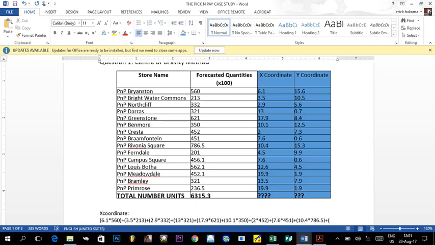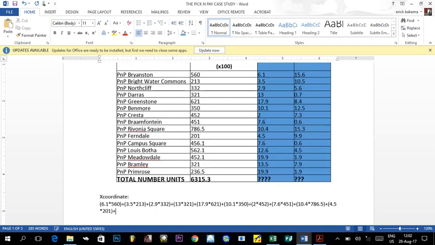The next one is 4.5, sorry, multiplied by 201, plus 7.6 multiplied by 456.1, plus 12.6 multiplied by 562.1, plus 19.9 multiplied by 452.